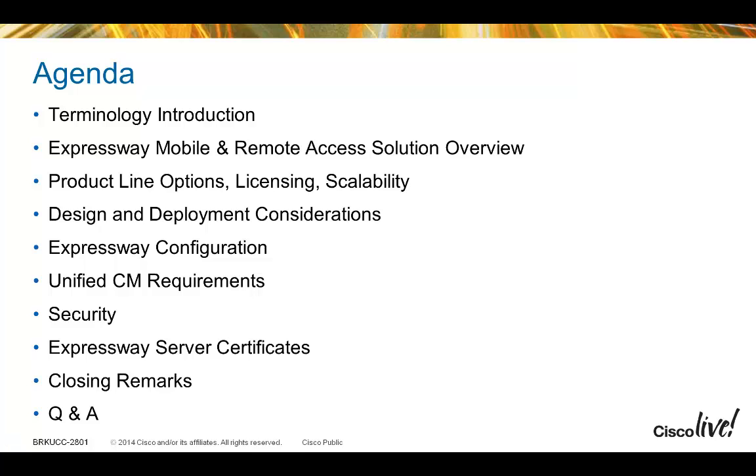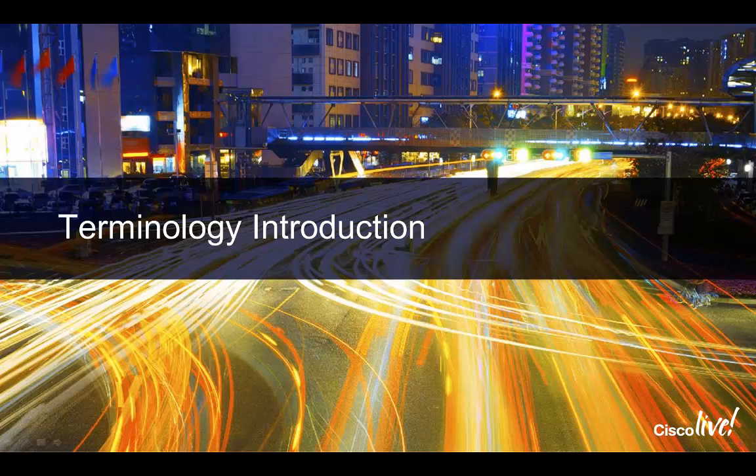We've got some screen captures. That's a pretty quick section. We'll talk about what you need to do on the Unified Communications Manager side. There's not a lot you need to do, but there are some things you need to be aware of. Security, certificates, closing comments. There's an appendix with some content that I would love to cover if we get there. My gut tells me we're not going to get there, but let's jump right in.